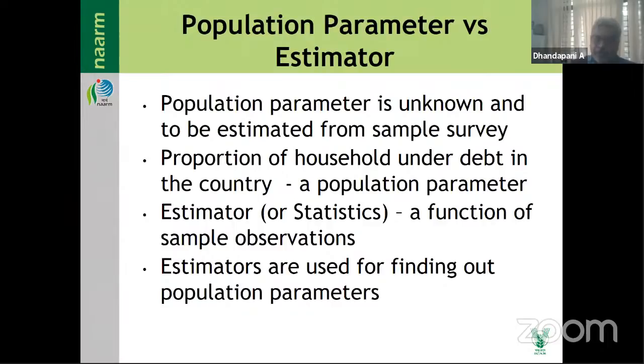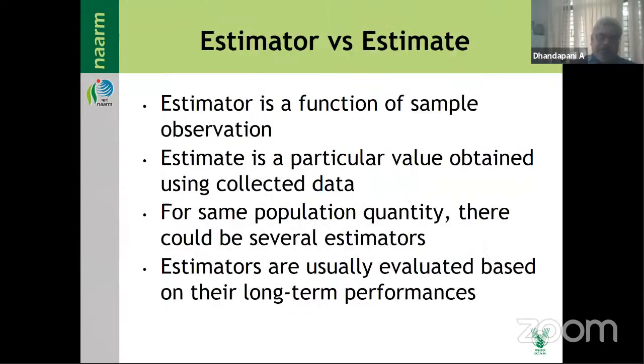Estimators are computed based on the sample values. So if I have one population parameter and an estimator which is a function of sample observations, and I calculate it after collecting the information from the sample and find the value, then it is called an estimate.